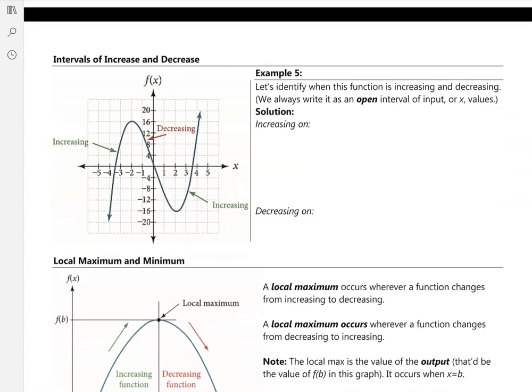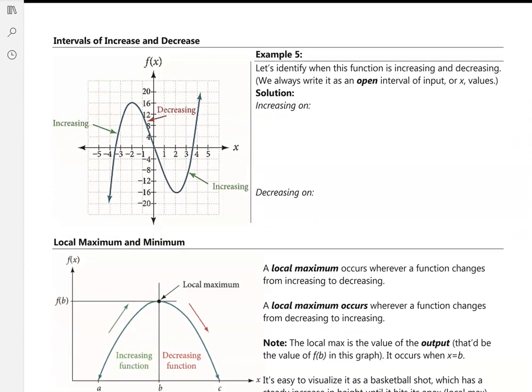Next example. Intervals of increase and decrease. Example 5, let's identify when this function is increasing and decreasing. We always write it as an open interval of input or x values. Open interval meaning never brackets.